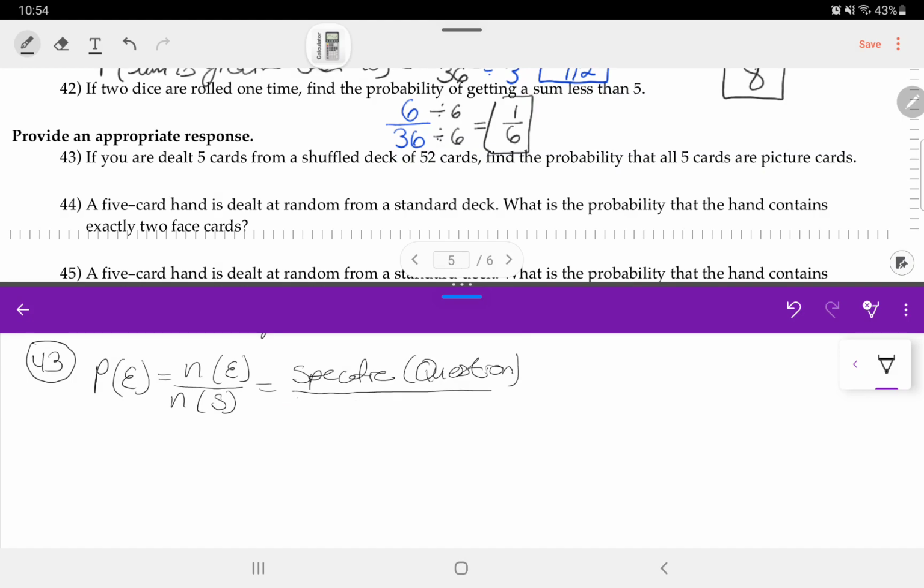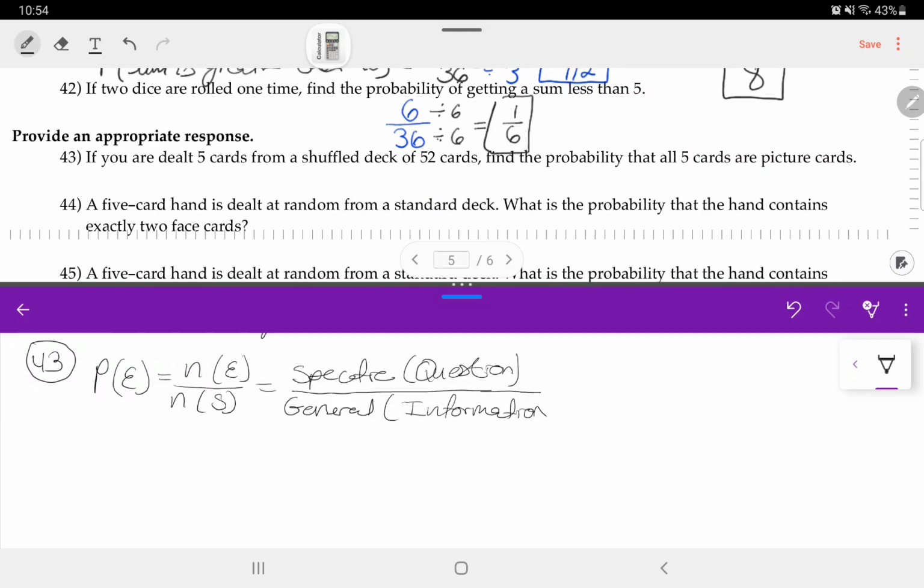My sample space is what I have in general, and that's usually the information provided to me in the question. The essential information.